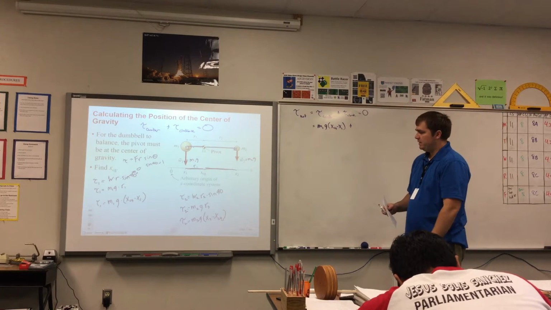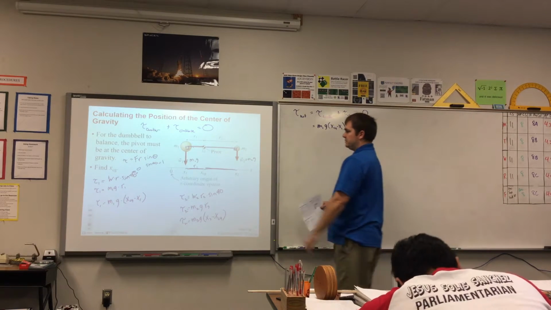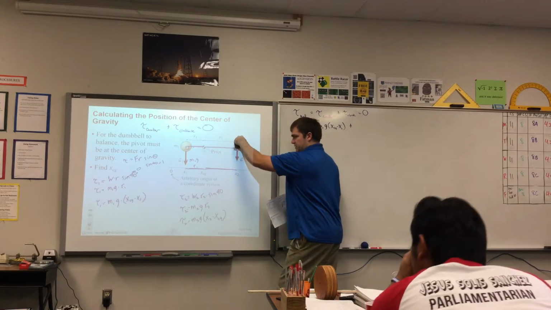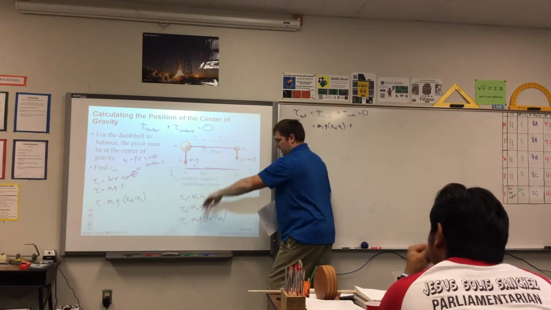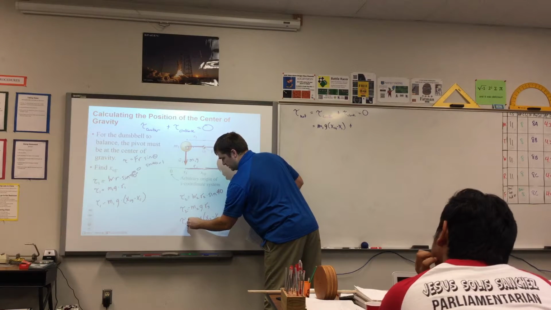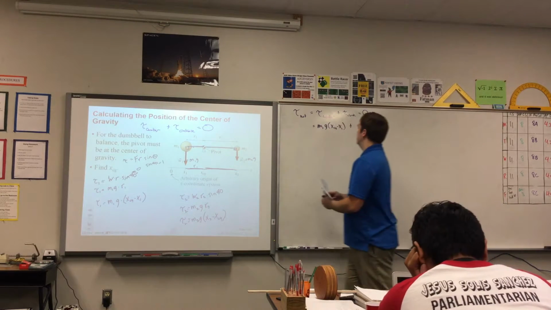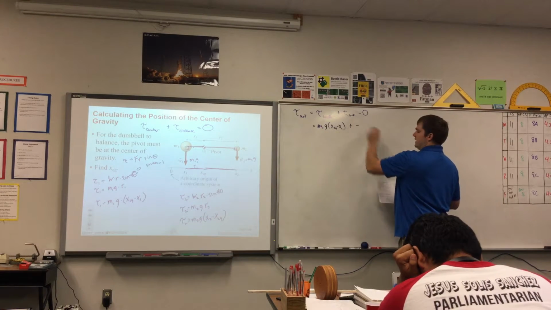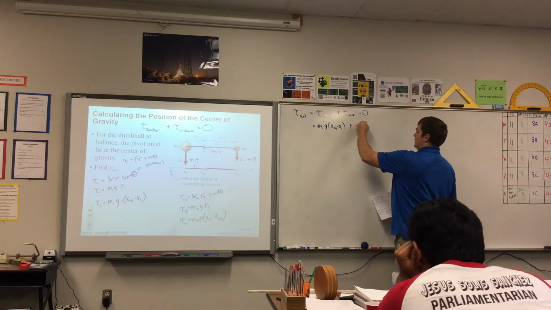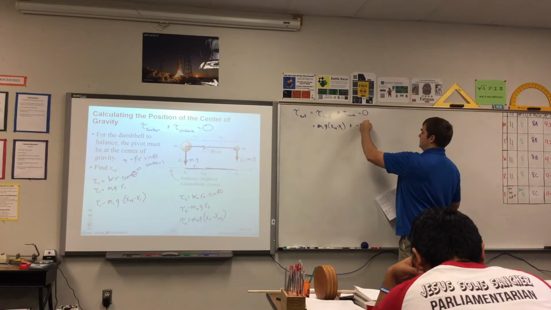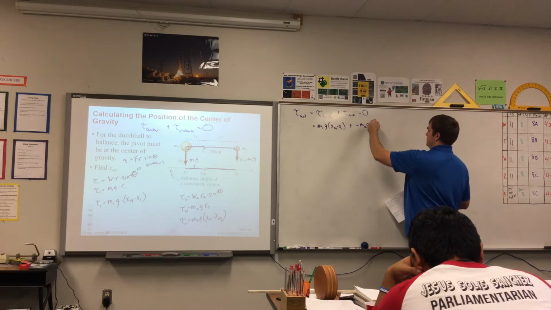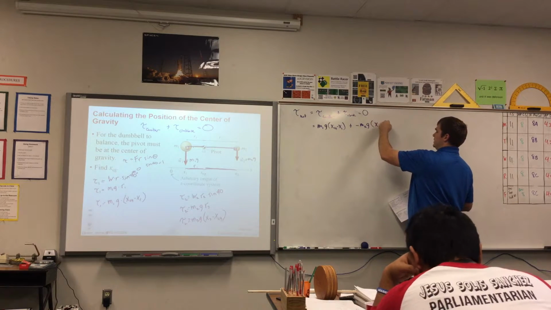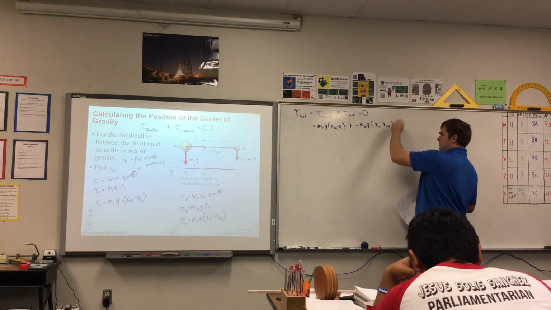Now I made one mistake over here on torque 2. Notice what direction this is moving. Clockwise, yeah. So I should have put a negative right there. So plus a negative M2 G, X2 minus XCG.